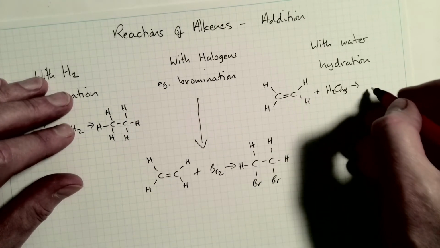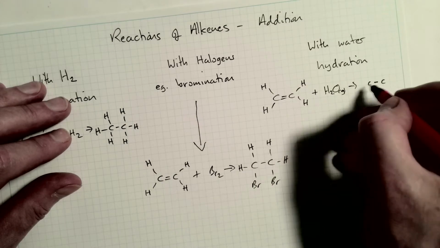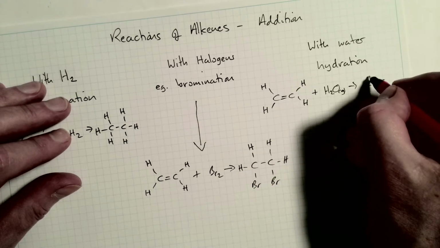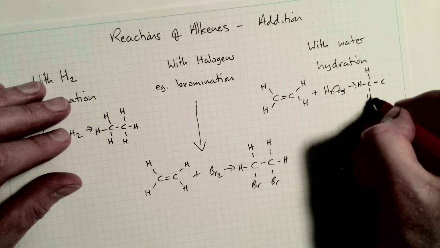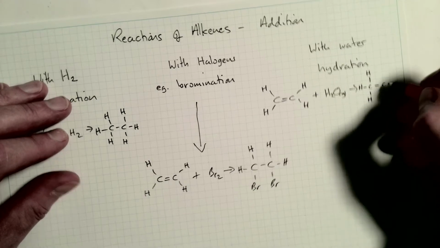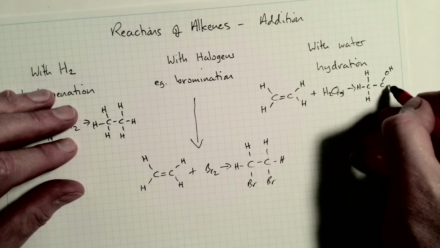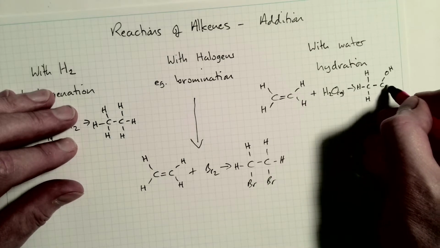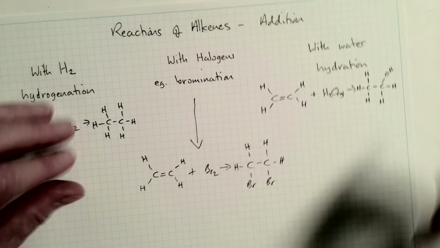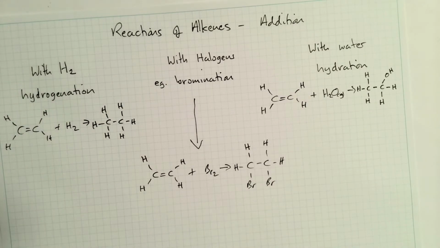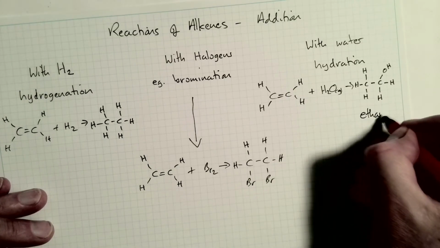But let's have a look at what happens here. So I get my C, I've got an H here, an H here, and an H here. And then I get an OH here, and an H and an H. Okay, so what I've got here now is ethanol.